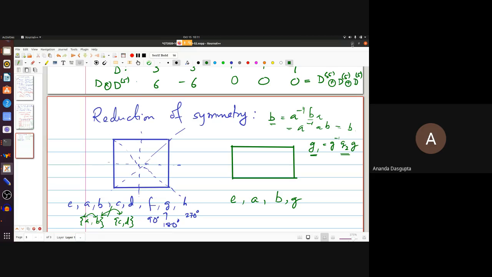Why AB are in the same class, why CD are in the same class, and so on? AB are reflections, so are CD. CD keeps the vertices invariant.